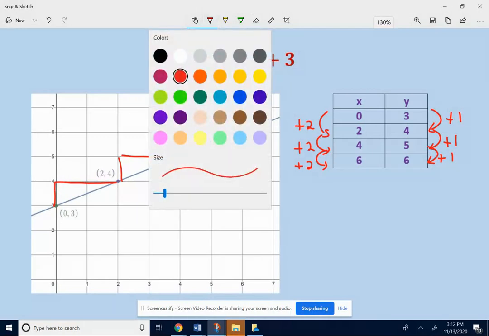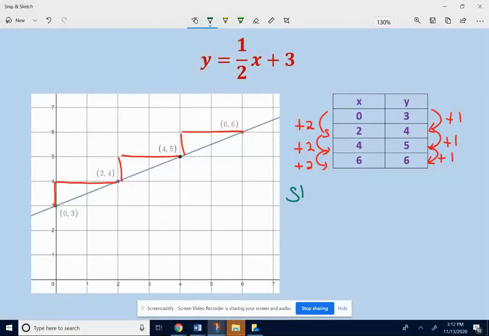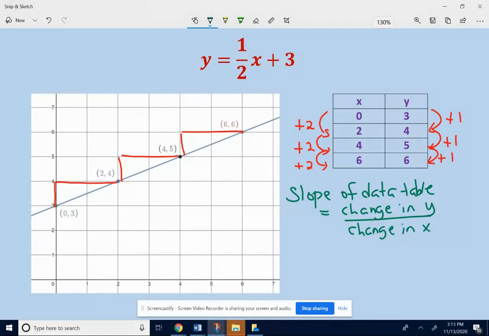So what I'm trying to get at is that the slope of a data table, instead of being rise over run, is going to be the change in your y values over the change in your x values.